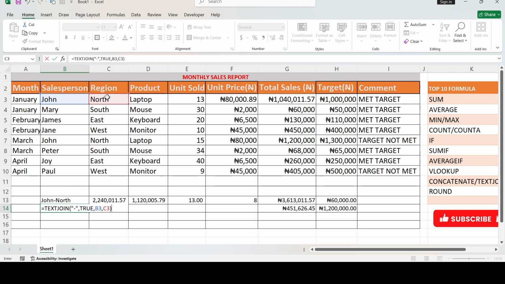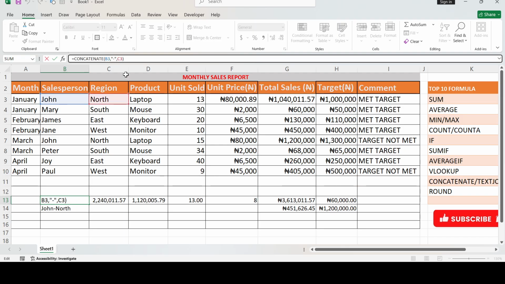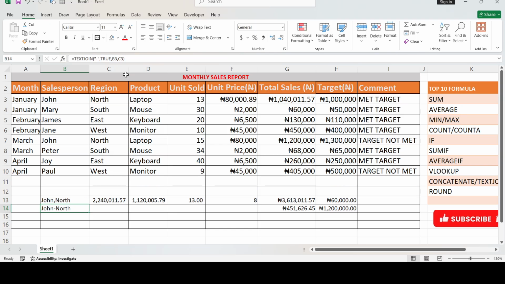This is the formula you use. You press enter. Then, like this one, if I want a comma to be there, I don't want this dash to be there. You remove it, you put a comma. Look at it, John, comma, not. This is how you use the concatenate and the text join.